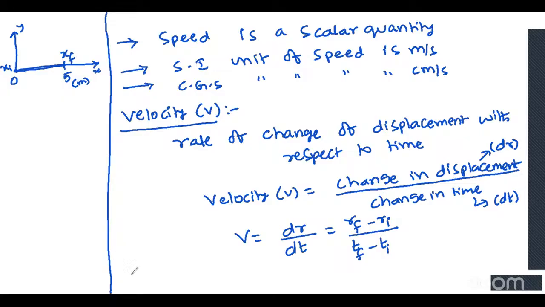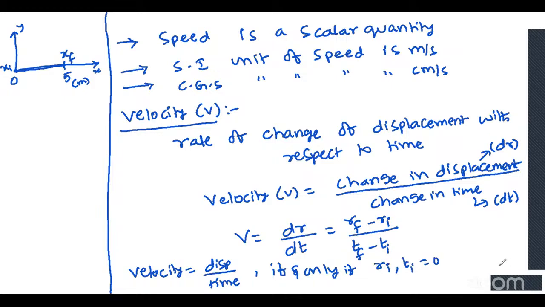Suppose velocity equals displacement by time, if and only if the initial displacement and initial time are equal to 0.